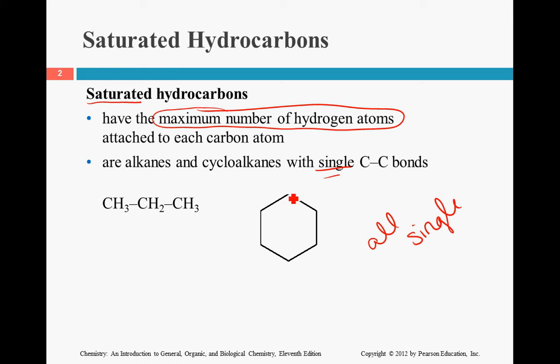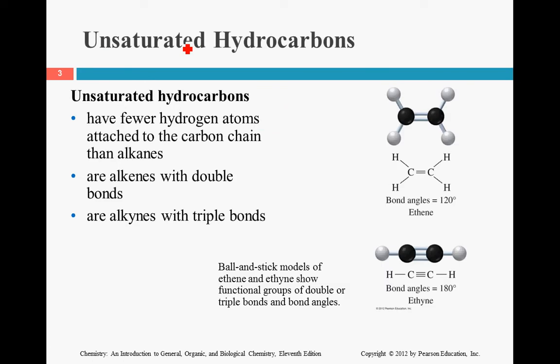But if you see all of them being 100% single bonds, these are saturated. All of the carbon bonds are used up. Unsaturated, however, have double and triple bonds associated with them. So if you see a double or triple bond in the molecule, you automatically have an unsaturated hydrocarbon.